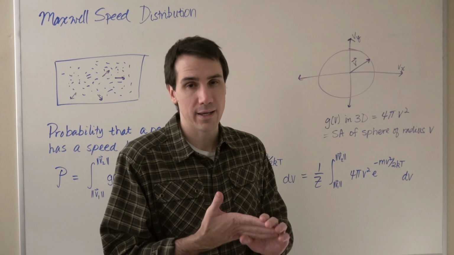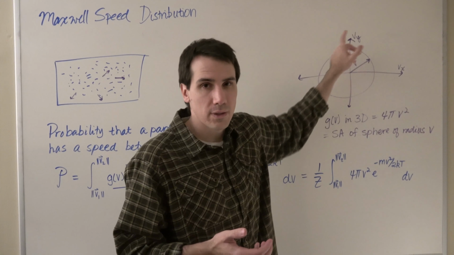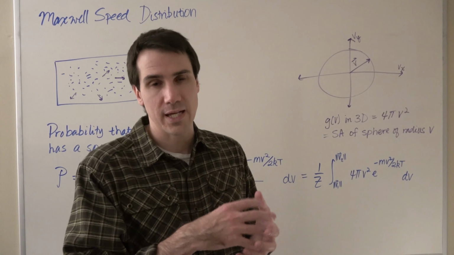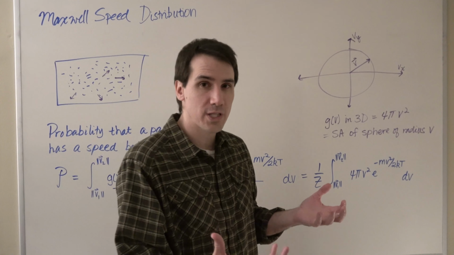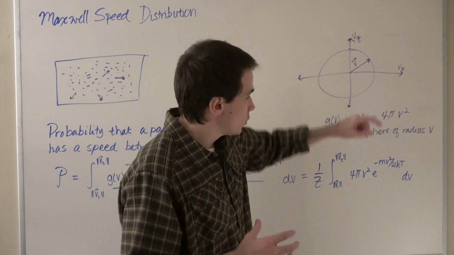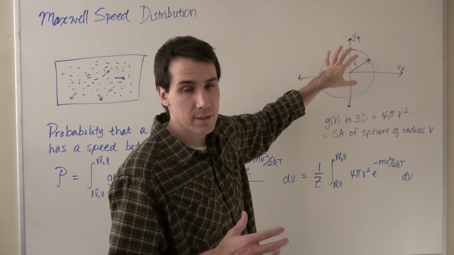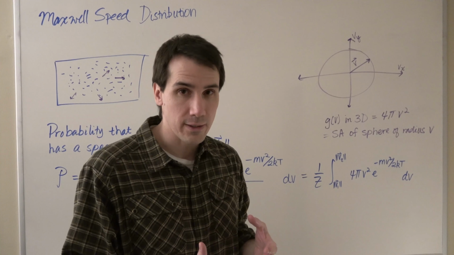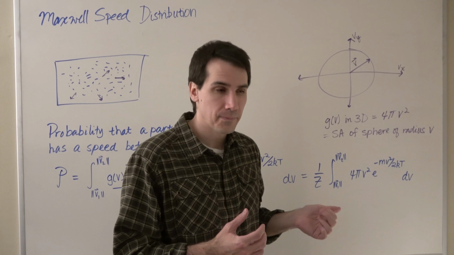Vx, Vy, and Vz. So instead of making a circle, if I take all of the vectors that have a length of, say, 20 meters per second, and I plot them in 3D space, starting from the origin, I get a sphere. And just like the length of the circle in 2 dimensions gives me my degeneracy, the surface area of that sphere gives me my degeneracy in 3 dimensions.